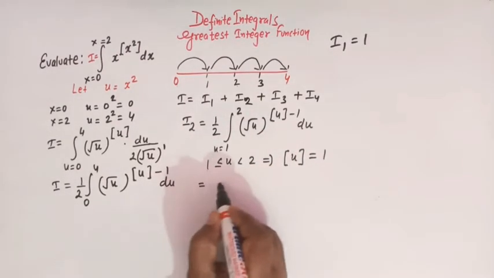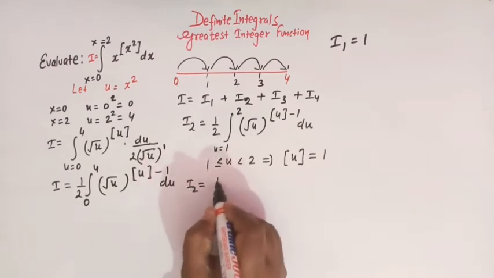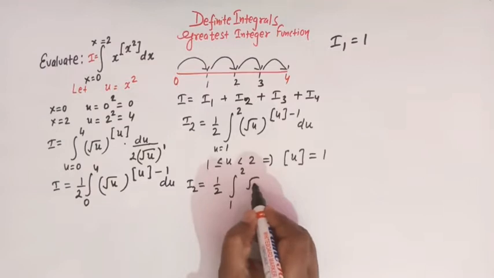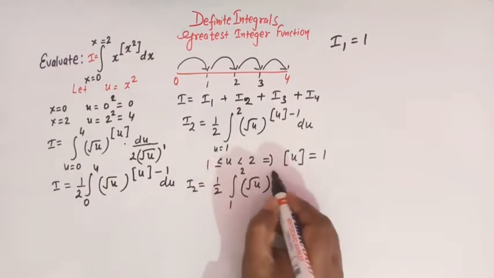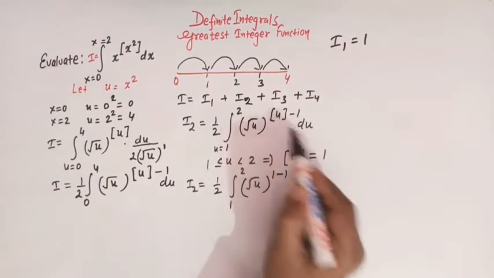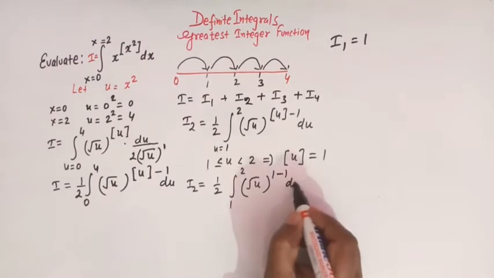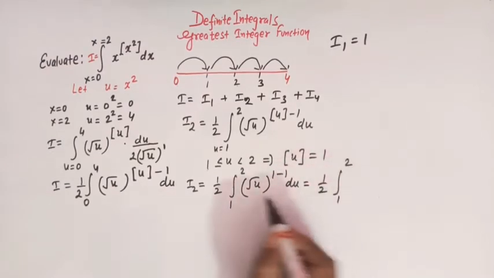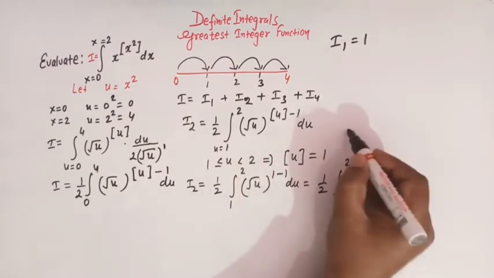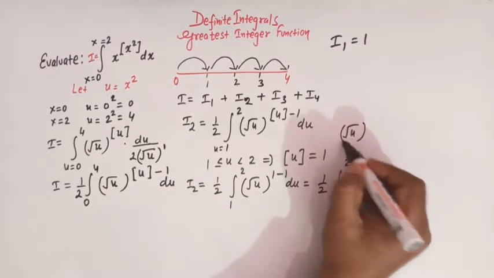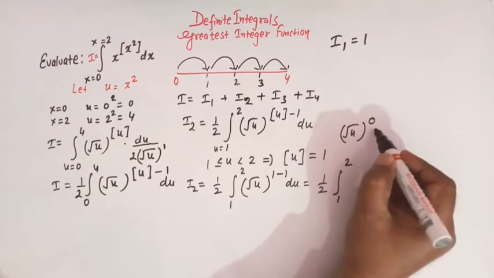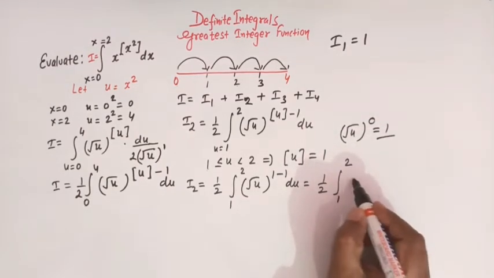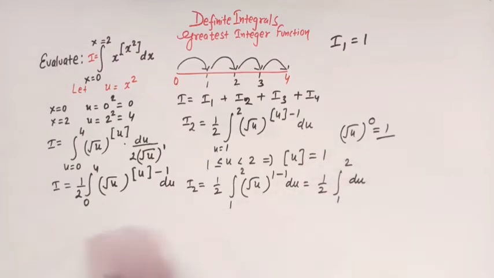So here I2 is equal to half integral from 1 to 2, square root of u raised to 1 minus 1, so here we'll take 1, and this is du. This is half integral 1 to 2, square root of u raised to 0, and this is 1, and we have simply du, right?